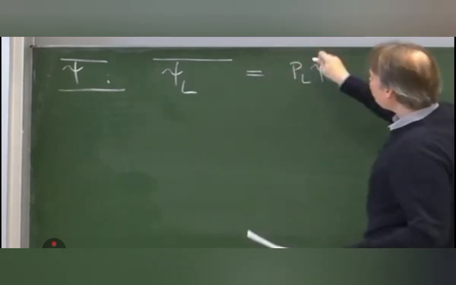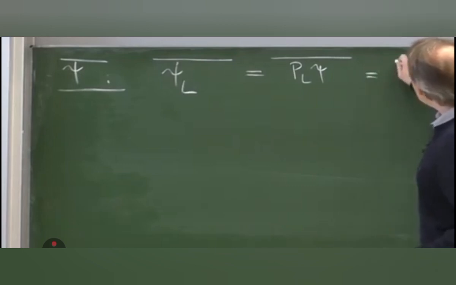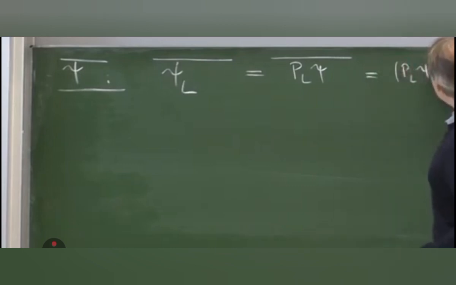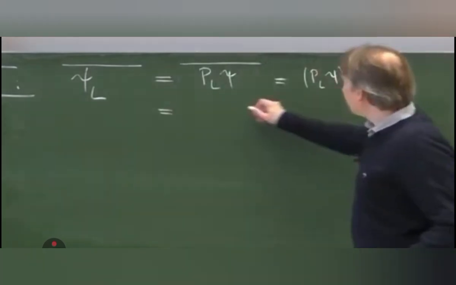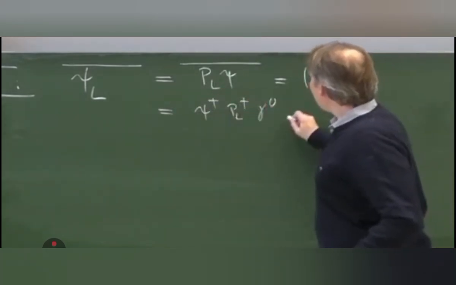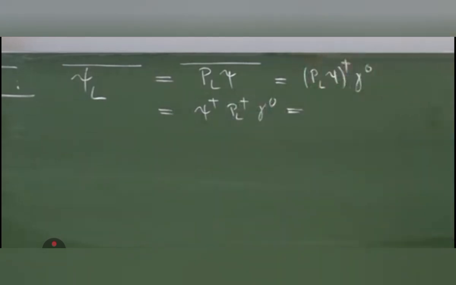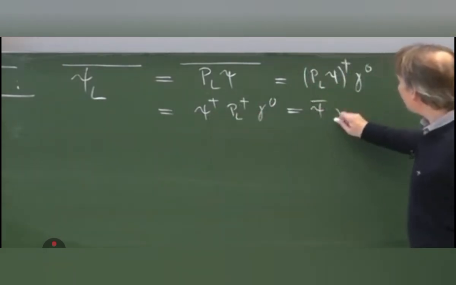So literally we do P left psi, and afterwards we bar it. That means by definition we do P left psi, then we dagger it, and then we multiply by gamma 0. So what does that mean? So psi dagger, P left dagger, gamma 0. Okay. Good. So psi dagger is the same as psi bar gamma 0.